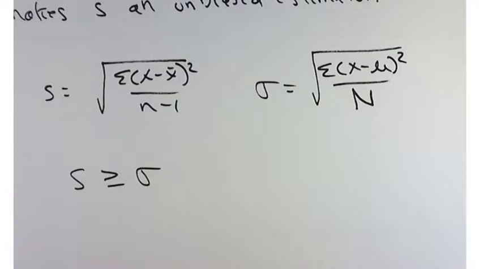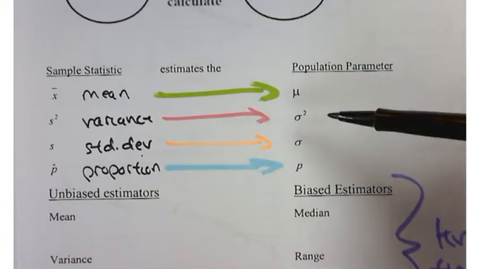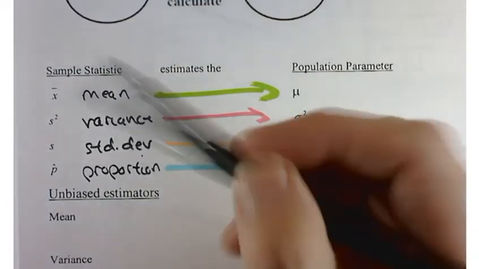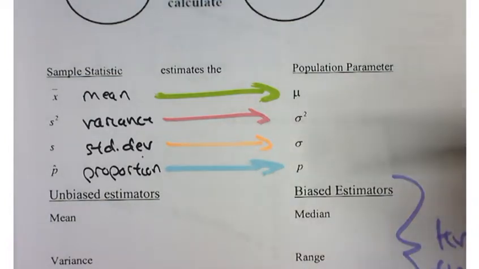All right, let's recap a little bit. We take samples because we want to find an estimate of a population parameter. Doesn't matter what you're looking for: a mean, variance, standard deviation, proportion. When you sample from a population, you're calculating a statistic, and we hope that statistic is a good estimate of its population parameter.